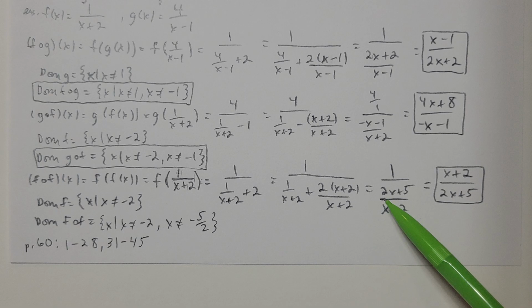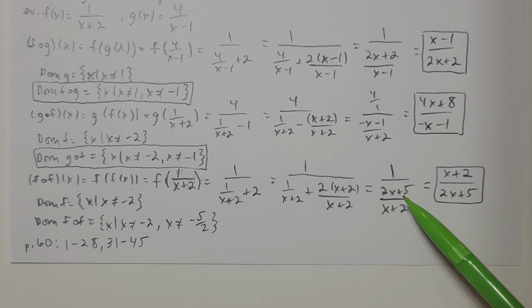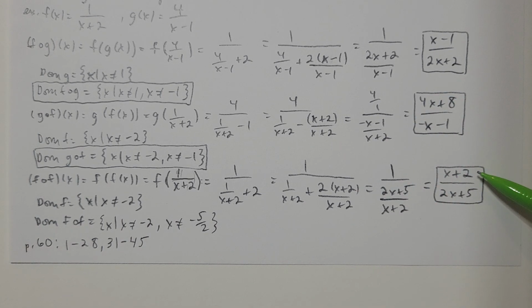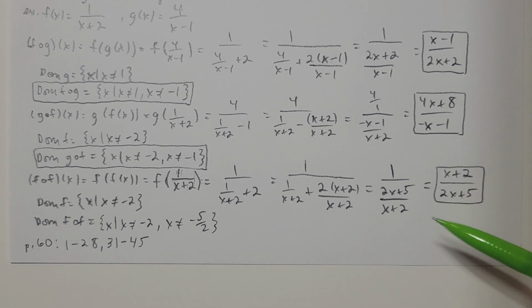Well, that's going to be 2x plus 4 plus 1 is 5. So 1 divided by 2x plus 5 over x plus 2, if I flip the denominator, okay, that's going to give me x plus 2 over 2x plus 5. And that would be as simplified as I can get things. So go ahead and circle that answer there.